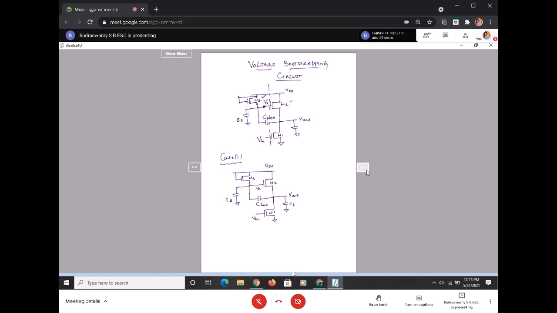For case 1, I let V in be equal to 1, that is logic 1 or 5 volts. So M1 is on. This is my Vx. Now tell me what will be my Vx and what will be my V out.